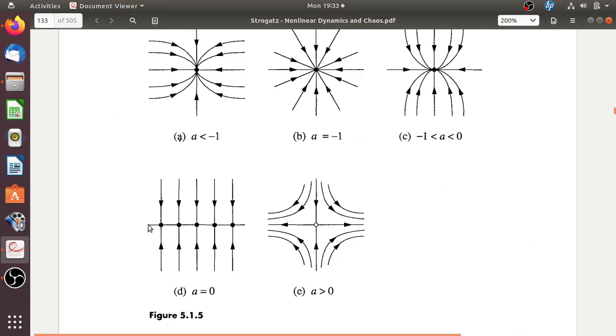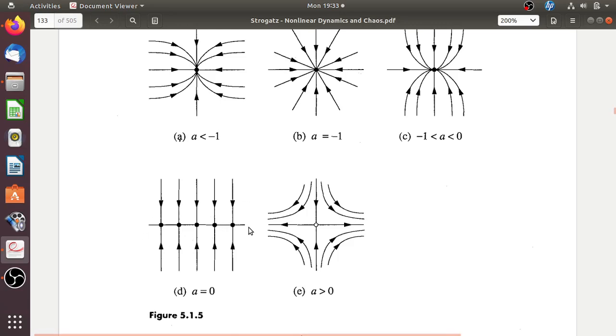This one is a line of fixed points. If we give a little disturbance in this direction, it will come back, but if we give a little disturbance in this direction, it will assume a new state along this direction, but y will still be 0.